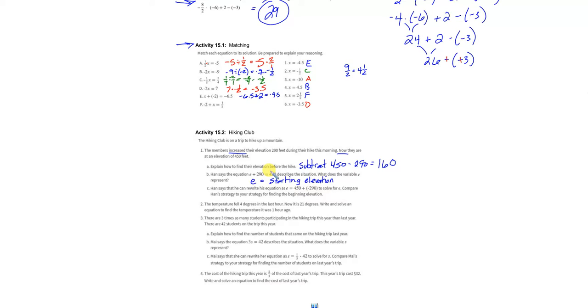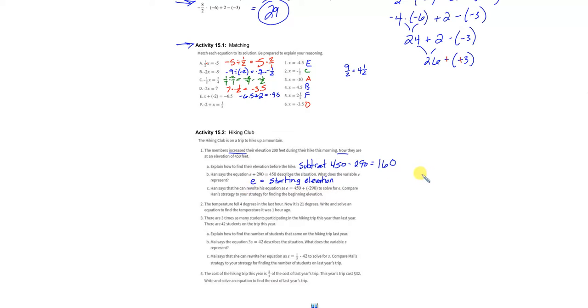Alright, let's look at part C. Han says that he can rewrite his equation as E equals 450 plus negative 290 to solve for E. Compare Han's strategy to your strategy for finding the beginning elevation. Okay, so he's like, I can rewrite this. And this is kind of what we did up here in the matching section.